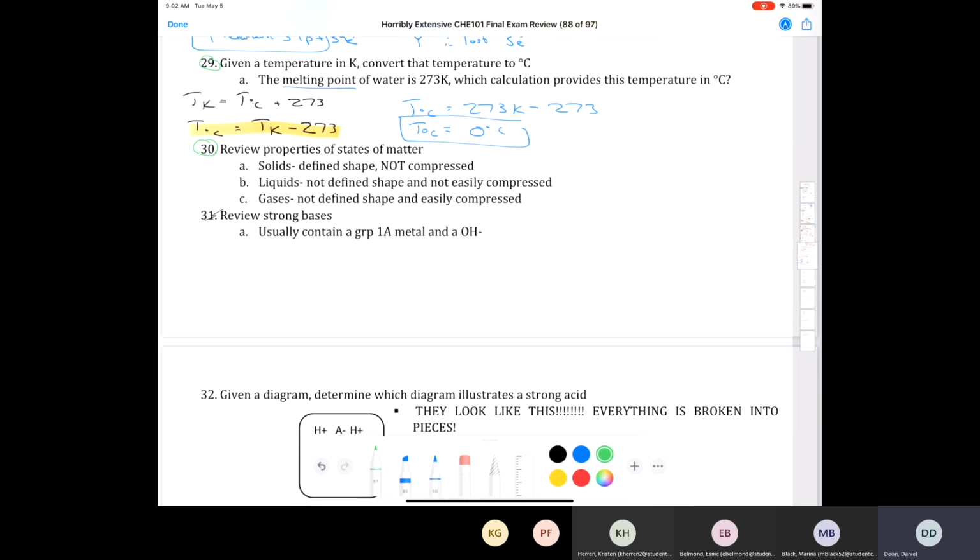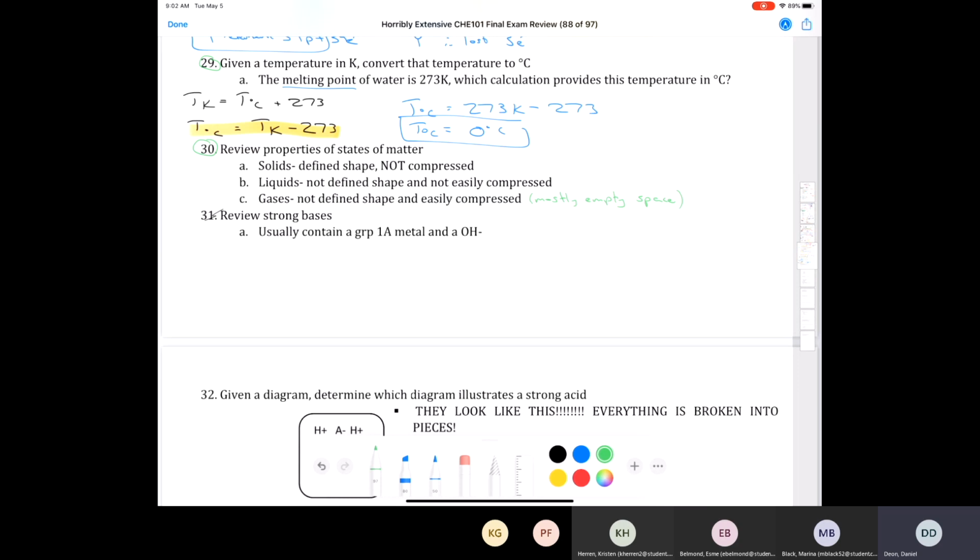A liquid will always flow and adapt to the shape of its container, whereas a gas doesn't have a defined shape and is easily compressed. Why? Because gases are mostly empty space. Gases are mostly empty space.